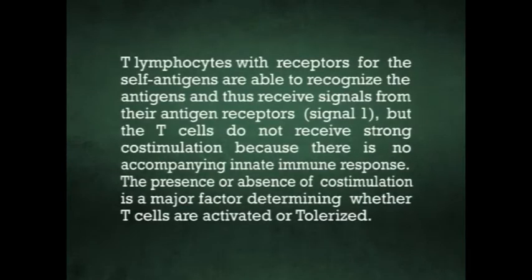T lymphocytes with receptors for the self-antigens are able to recognize the antigens and thus receive signals from their antigen receptors, signal 1. But the T cells do not receive strong co-stimulation because there is no accompanying innate immune response. The presence or absence of co-stimulation is a major factor determining whether T cells are activated or tolerized.